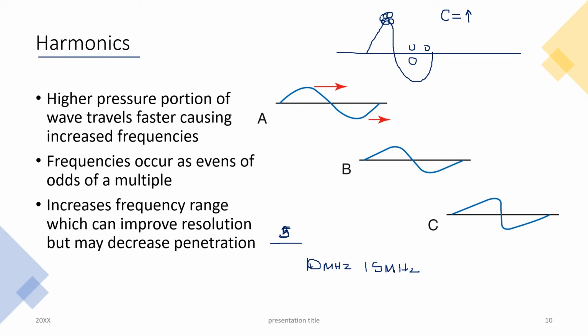Now, in the event that you have harmonics on, which most systems will allow you to turn on and off, and you're not seeing well, it is never wrong to turn it off and see if that improves your image, and vice versa. So this is another scanning option that can really impact your ability to assess tissue in the patient's body, and I highly recommend you play with this to see certain areas where you like harmonics on and harmonics off.